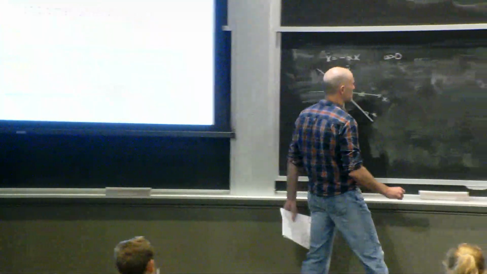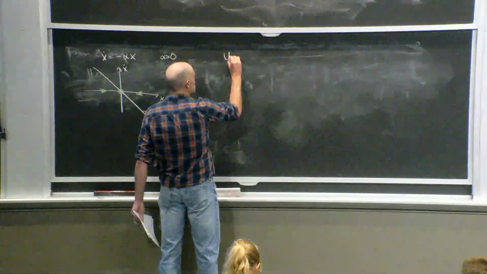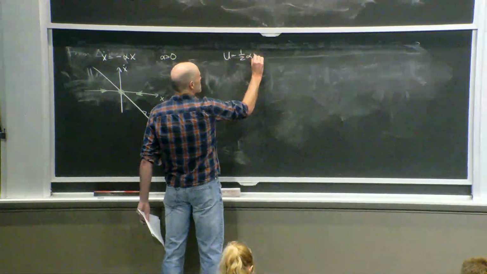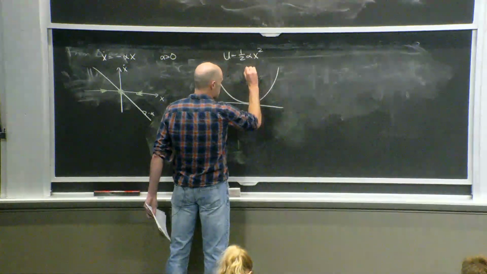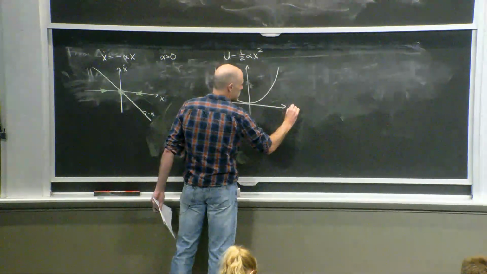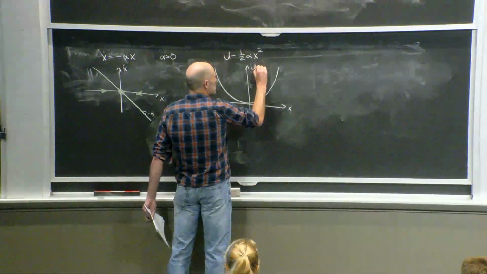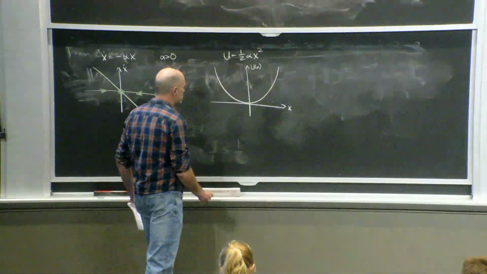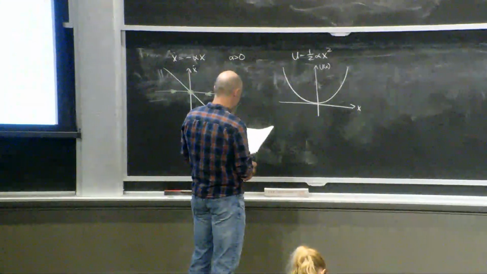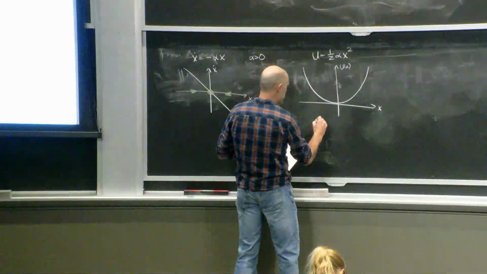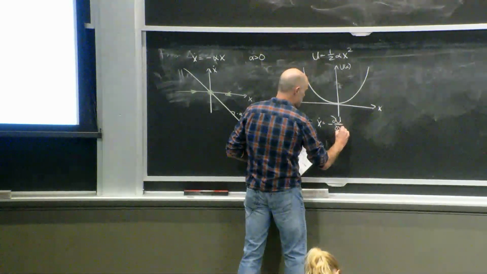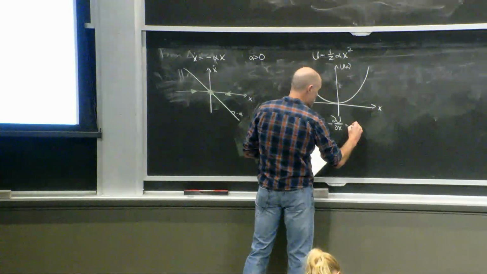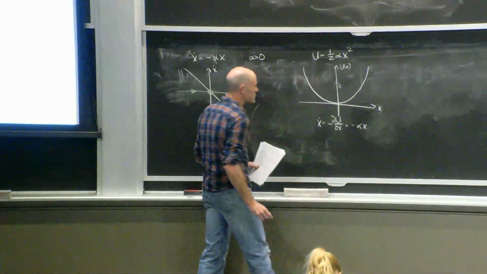Let me define a potential function, okay? All right, and then I'll think about the flow of this as x dot basically going downhill on the potential, right? Which is exactly the same thing, negative alpha x.